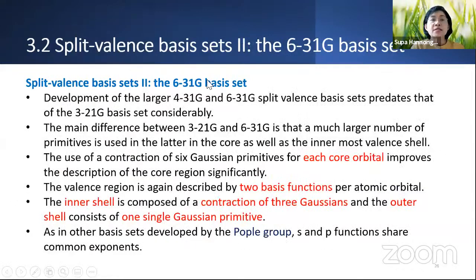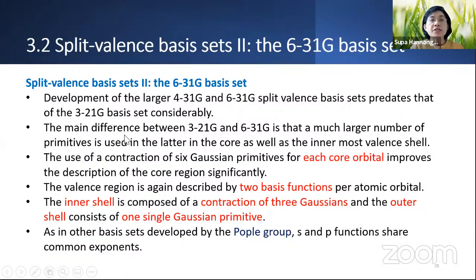Actually, the scientists tried to apply 4-31G, but the result was not much improved. And in the end, the 6-31G split valence was quite improved as compared to the 3-21G.